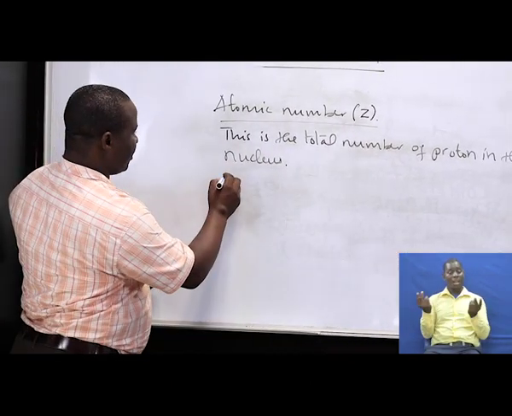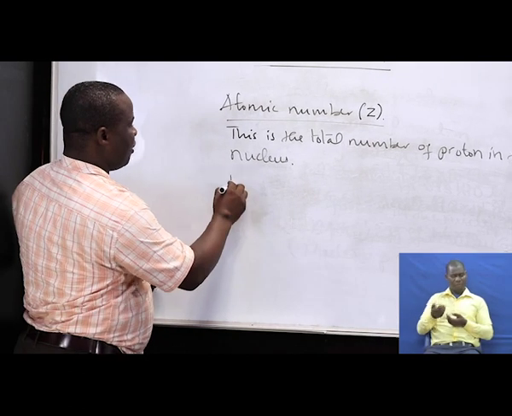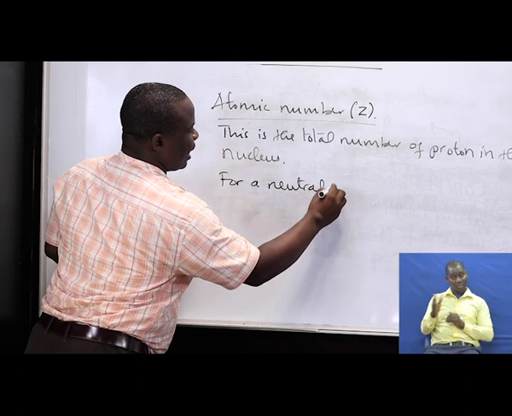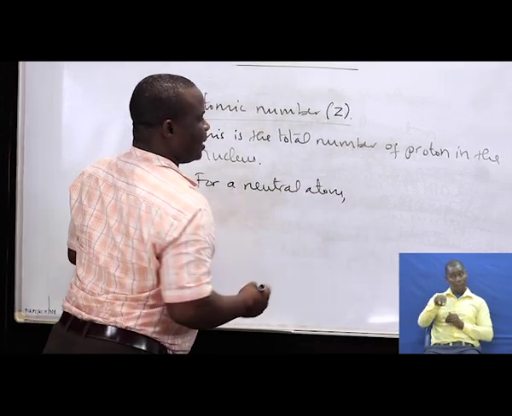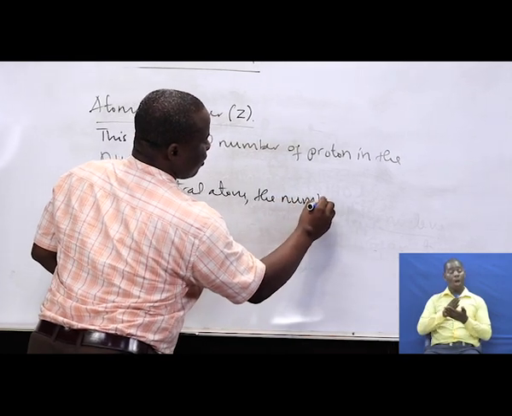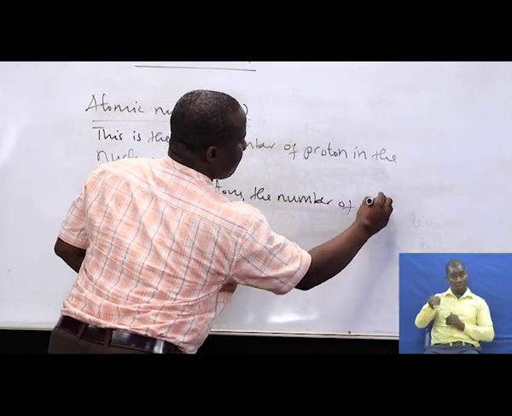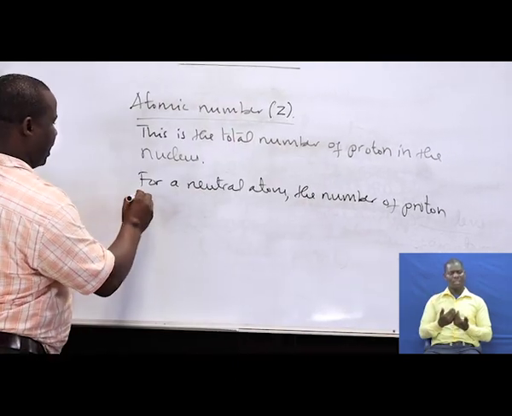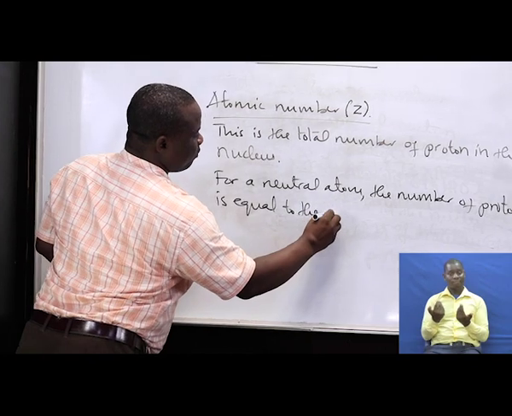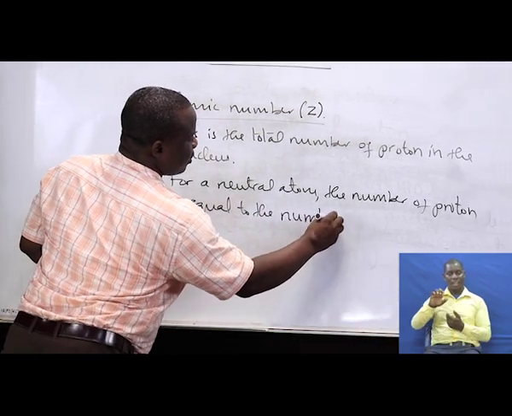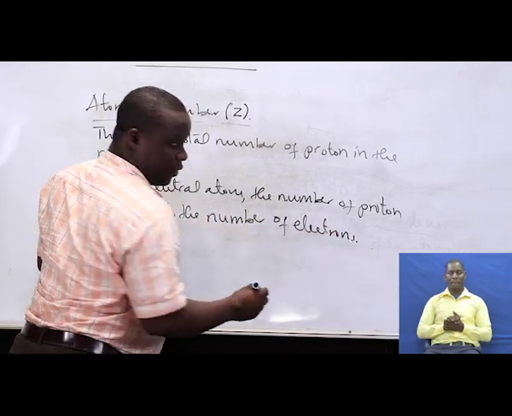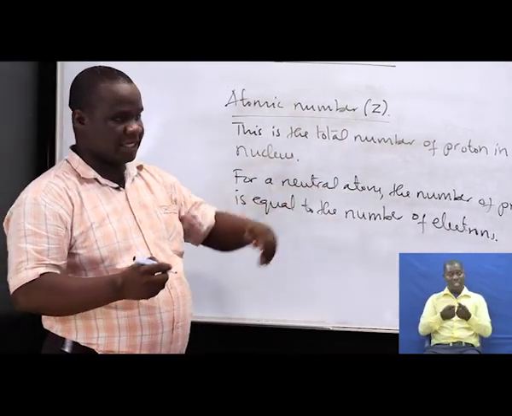So for a neutral atom, the number of protons is equal to the number of electrons. We are going to see this important fact.